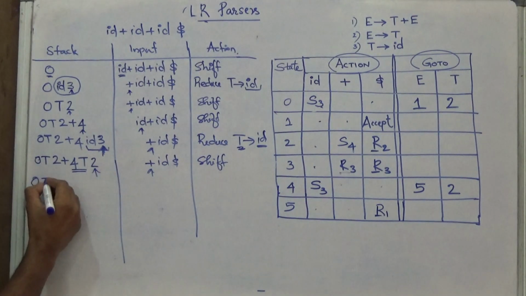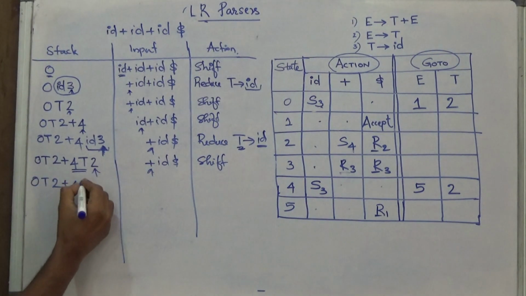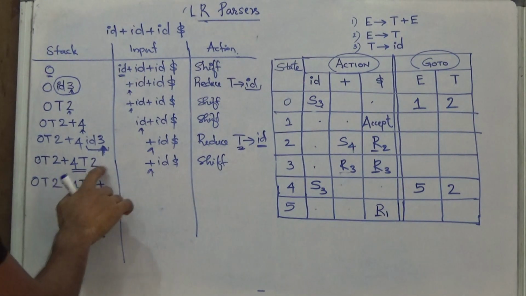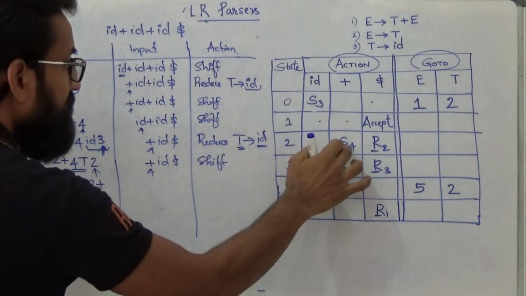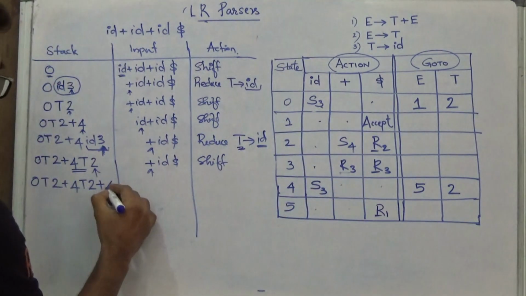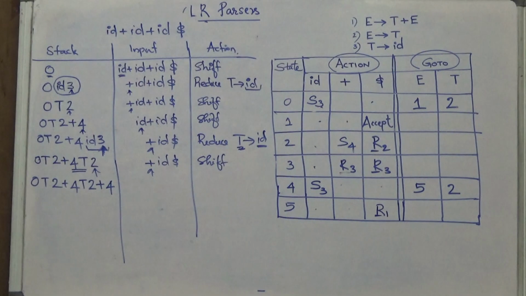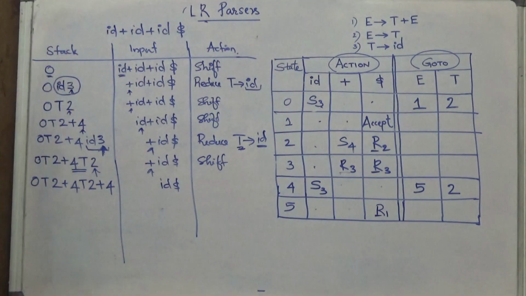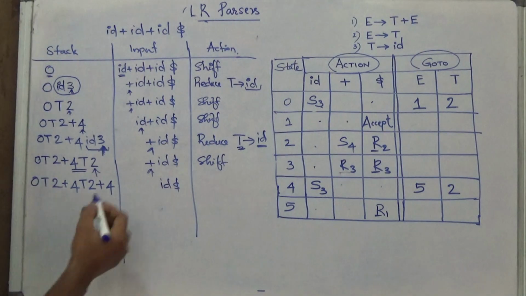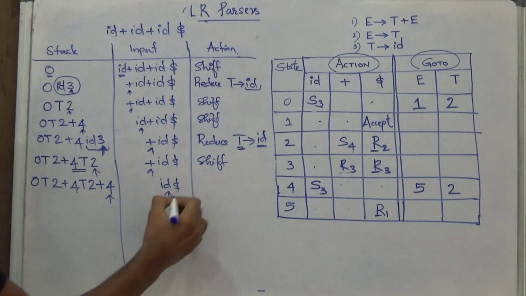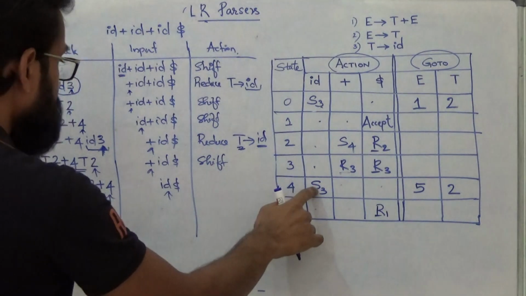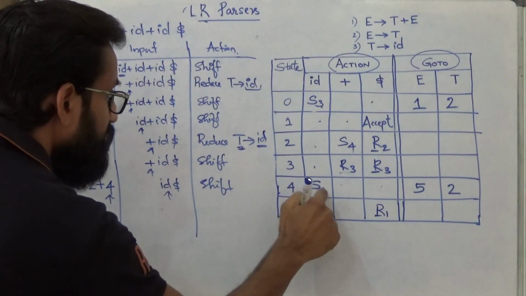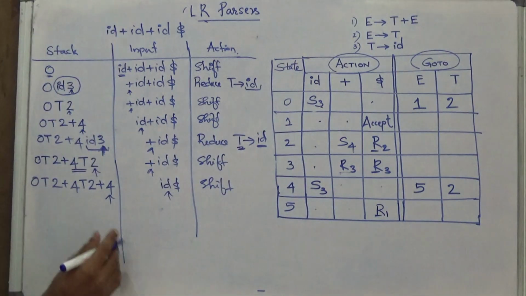So 0T2 plus 4T2 plus. 2 plus is actually a shift operation of 4. So plus will be shifted and 4 will be pushed into the stack. The remaining input is ID dollar. What about the next configuration? The next configuration is 4ID, which is again a shift operation, that is shift of state 3 into the stack.